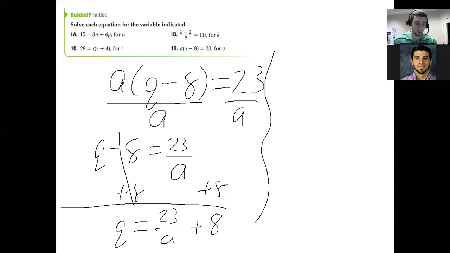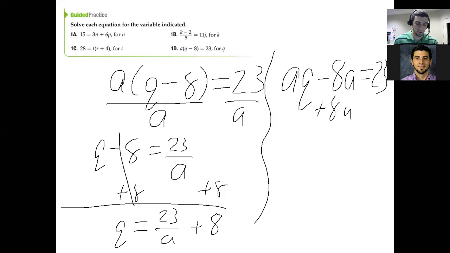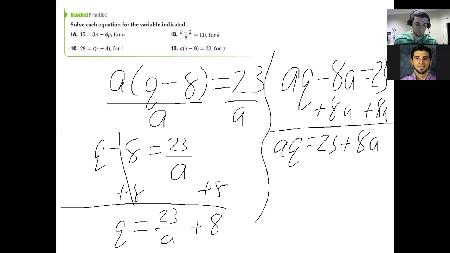The other way to do it is to distribute the a first. aq minus 8a equals 23. Then add 8a. And you get aq equals 23 plus 8a. Then divide both sides by a, like this.